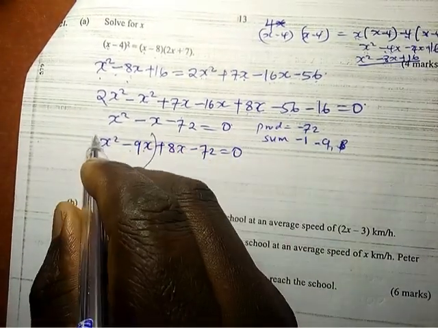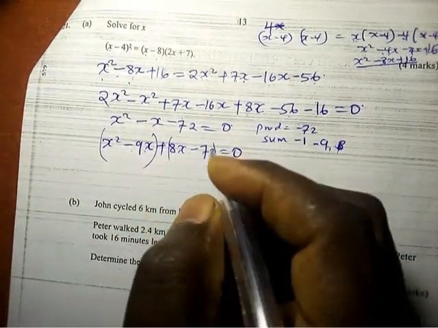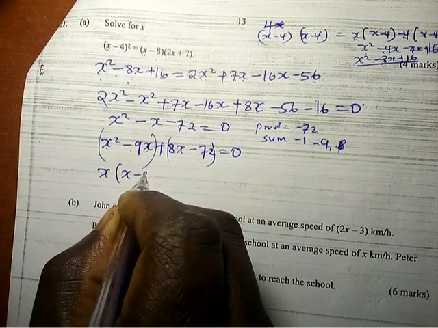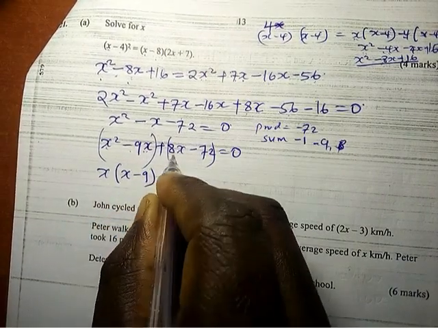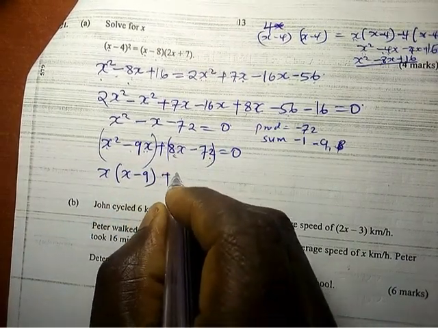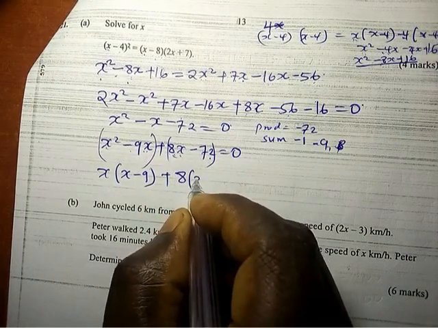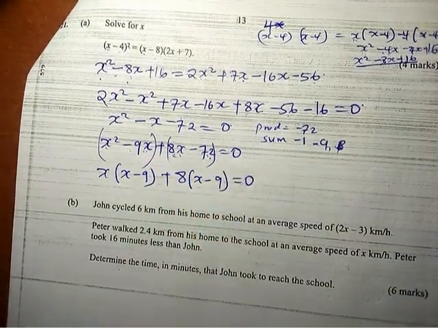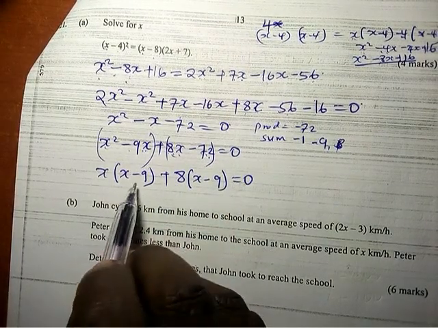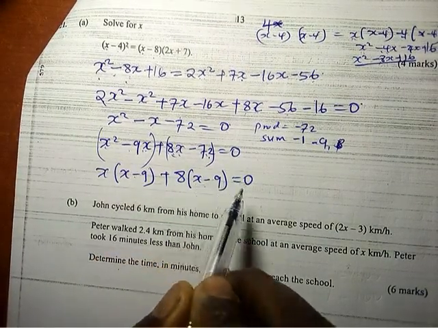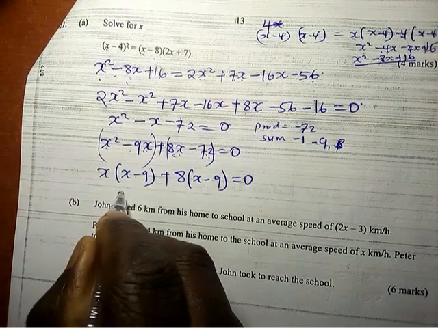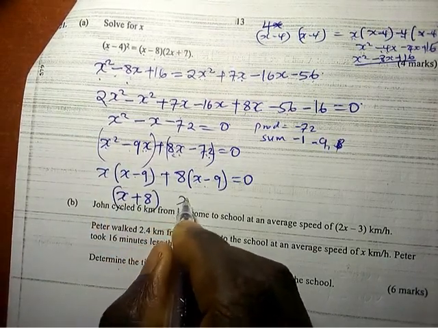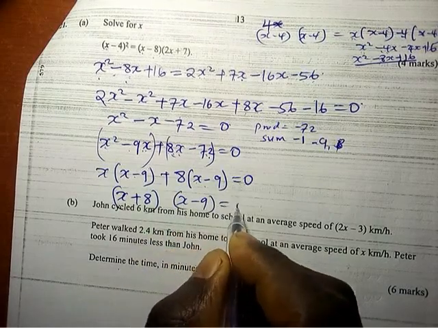Now we group these two like this. The common factor here is x into x minus 9, plus the common factor here is 8, so 8 into x minus 9 equal to 0. Now, since these two are the same, we take one and combine the other: x plus 8, x minus 9 equal to 0.